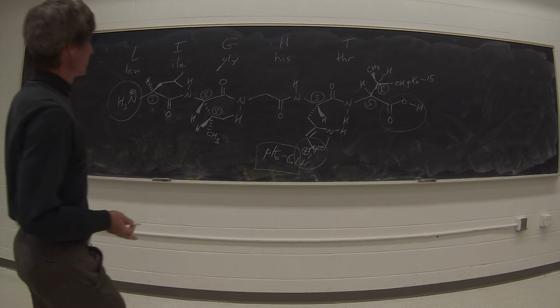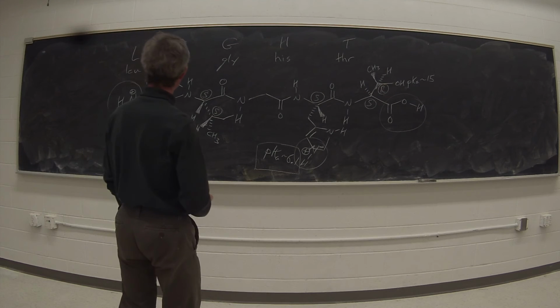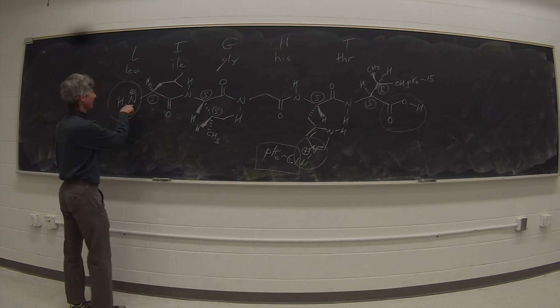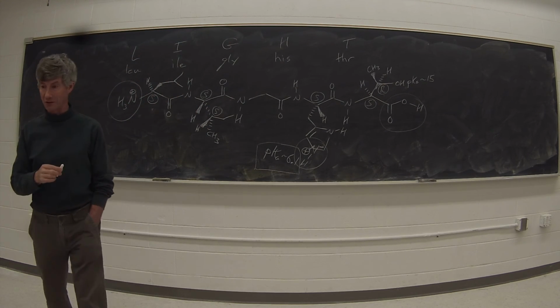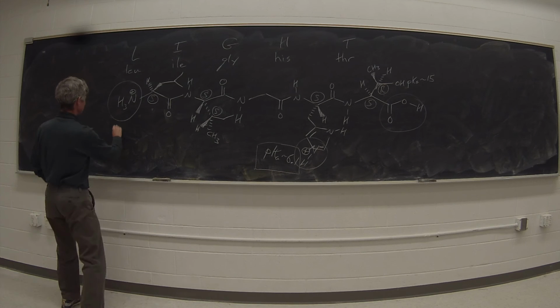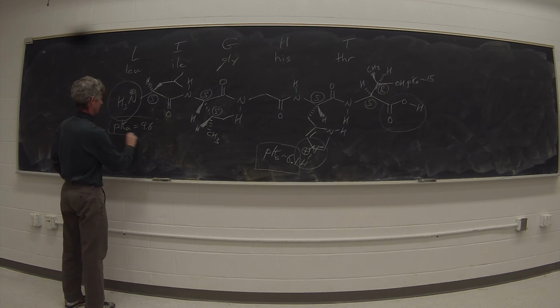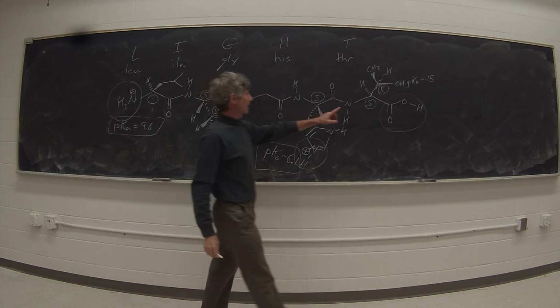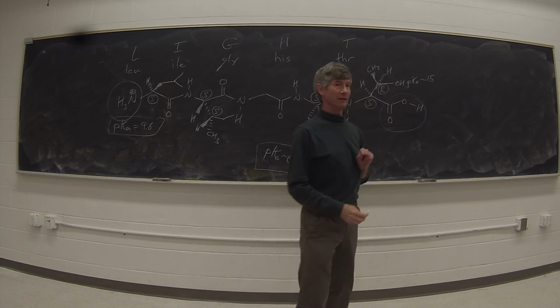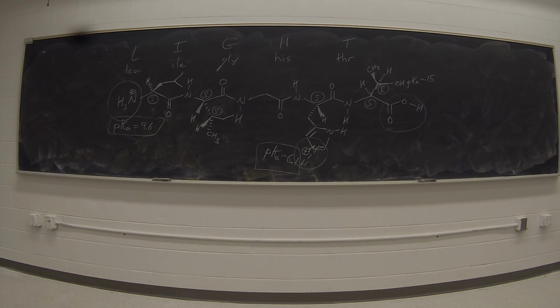So now we need to look up in our table, page 1193 and 1194, and find out what the pKa of an N-terminus of leucine is. And the N-terminus of leucine is listed as a pKa of 9.6. And we also need to look up and find out what the C-terminus of threonine is. It'll be in the order of 2, and it's 2.1.